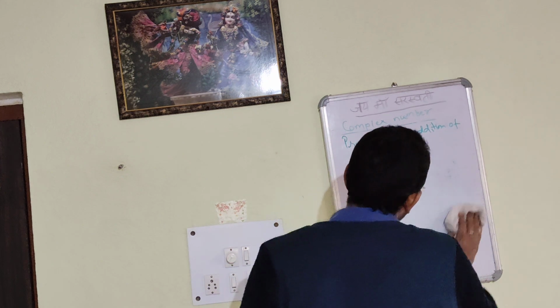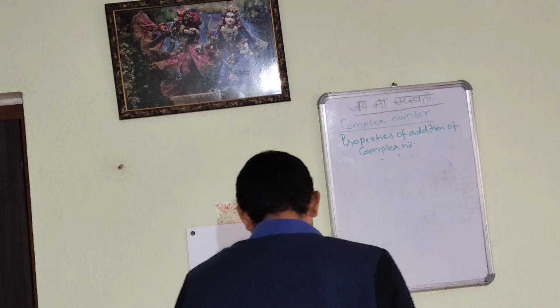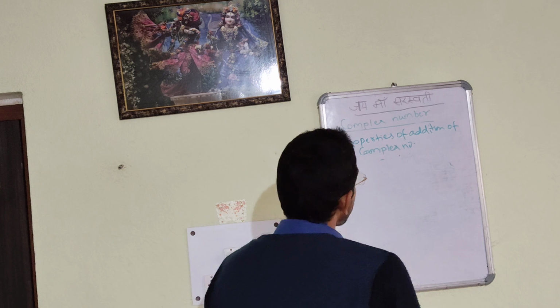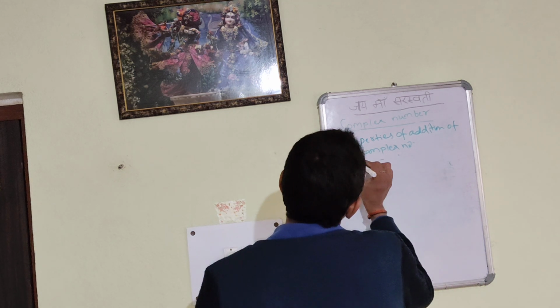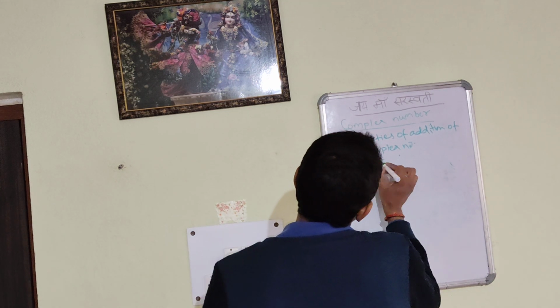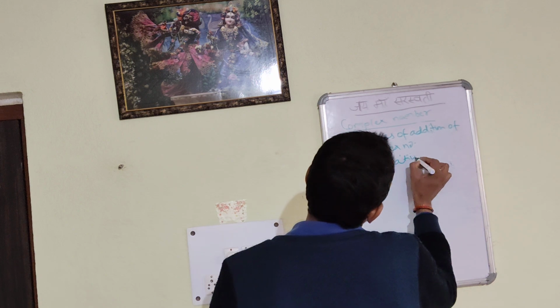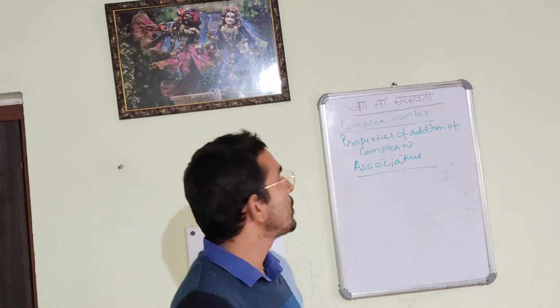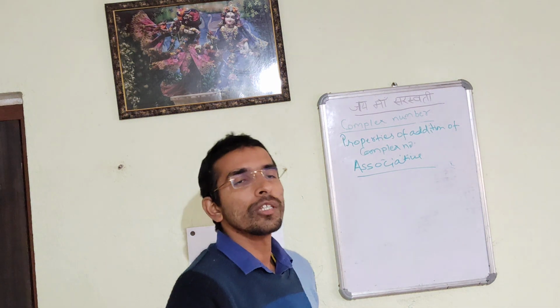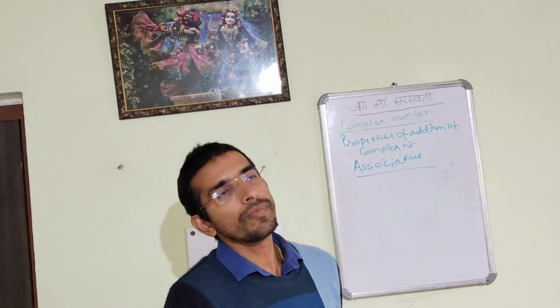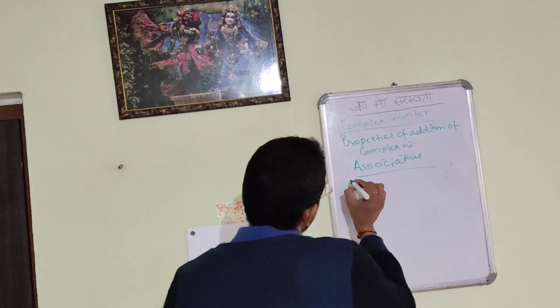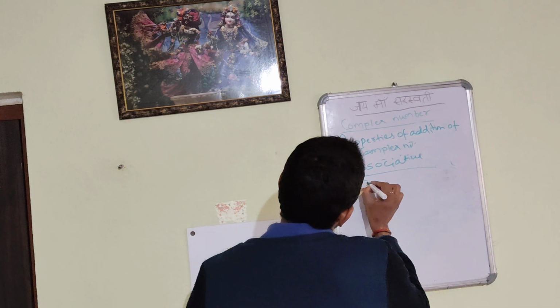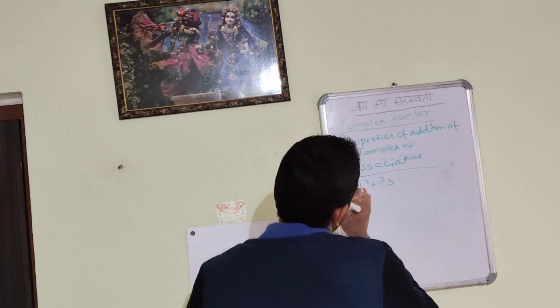Secondly, we will be seeing the property is associative. The second property is associative. The literal meaning of associative is making together. Suppose there are three components, Z1, Z2 and Z3. Understood?